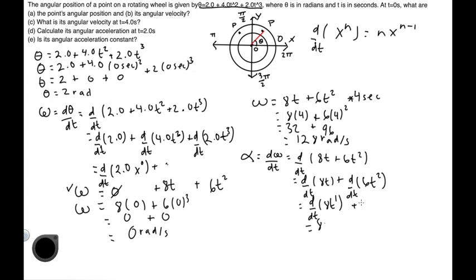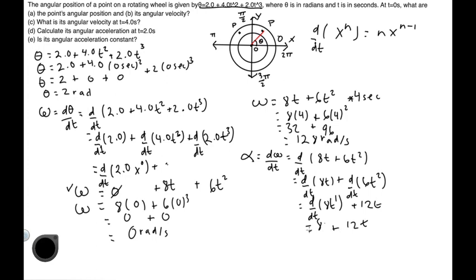So the derivative of 6t squared: we bring down the 2. 2 times 6 is 12, and then we subtract 1 from the 2. That's going to give us simply 1, so that's going to be 12t.